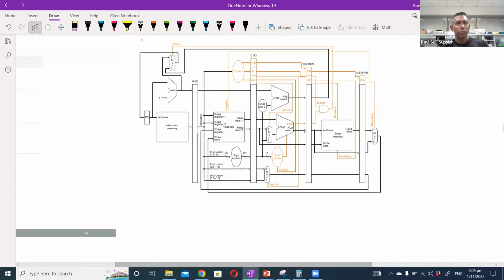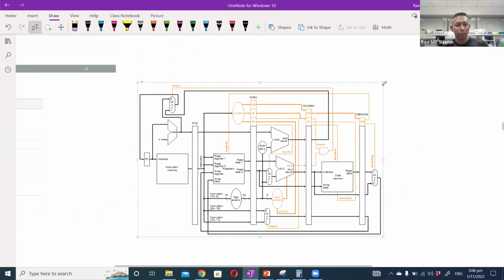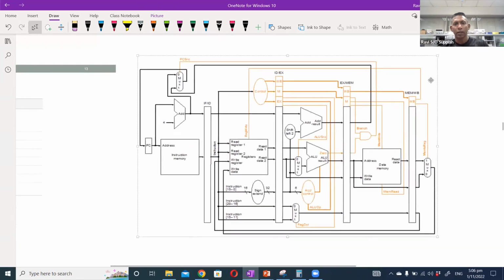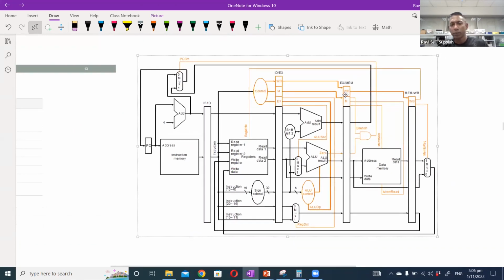When you look at this picture, this is with the pipelining. What we observe is that there are registers to hold information for us when we go from one stage to the next stage.